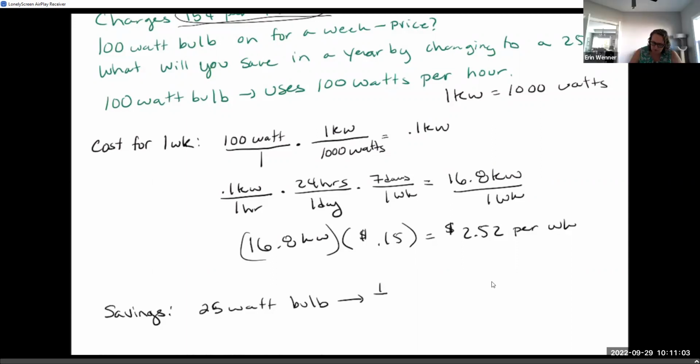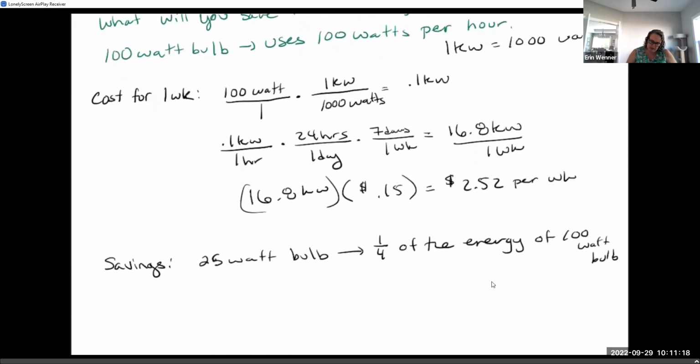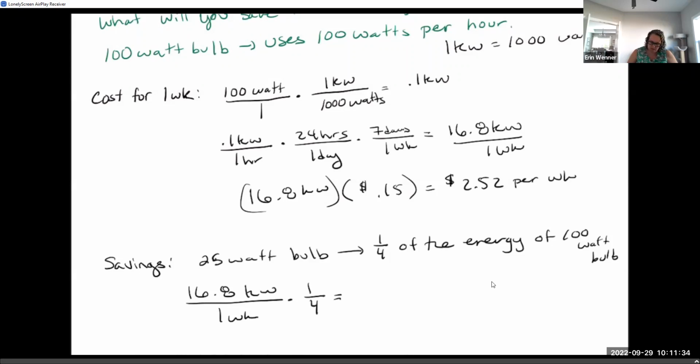So that means we're using 1/4 of the energy of the 100-watt bulb. So if we take that 16.8 kilowatts over 1 week and multiply it by 1/4, we end up with 4.2 kilowatts over 1 week, right?